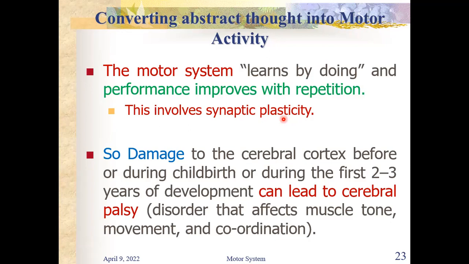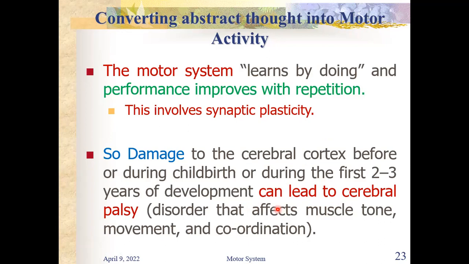Cortical plasticity is also there. So what I want you to know is that damage to the cerebral cortex, because the cerebral cortex is the main component of the motor system, that's where the motor signals originate from. So damage to the cerebral cortex before or during childbirth, during the first 2 to 3 years of development, can lead to cerebral palsy. And in cerebral palsy, muscle tone, movements are affected.